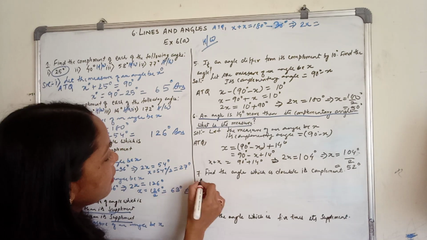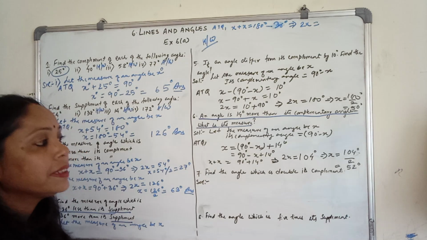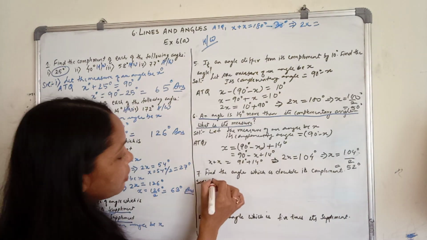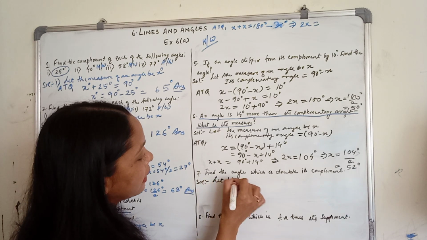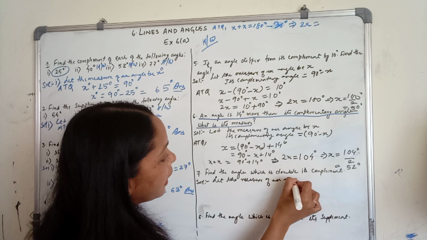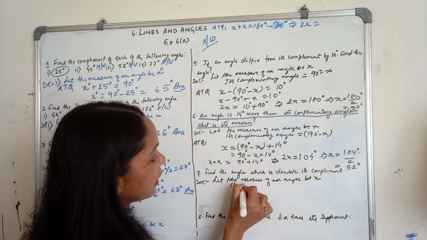Now question number 7. Find the angle which is double its complement. Very easy. Again you have to write, let the measure of an angle be x. Then write down its complementary angle.